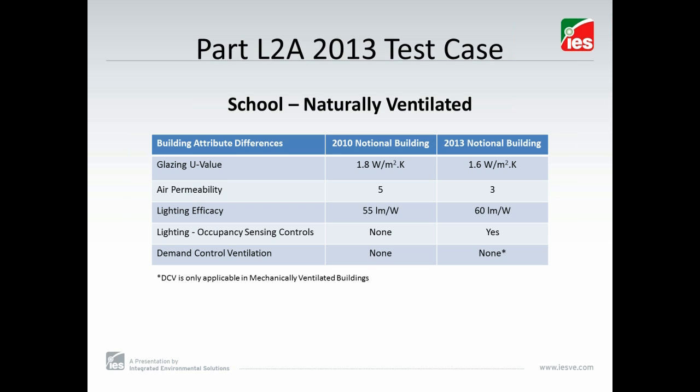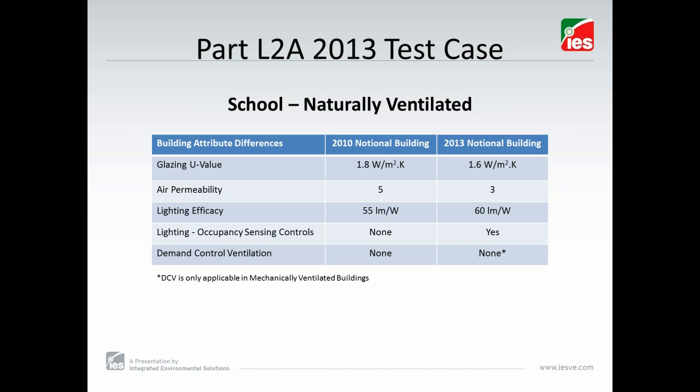So, while the intention is to reduce the TER by 9% aggregate reduction, the reality is that the actual level of reduction varies depending on the type of building, etc. And based on the 2013 notional building attributes, we have done some early testing to better understand the impact of that on the TER and the end energy uses.